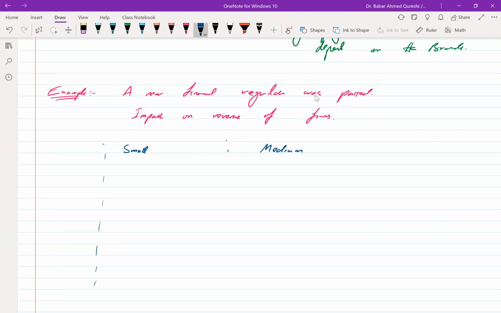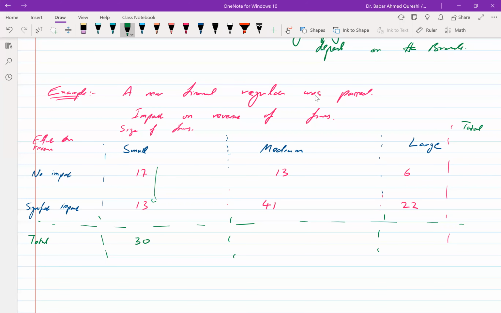So again, you can make these total numbers. How many small firms were in the data? I just sum along this. There were 30. How many medium firms were there? 54. And 28 large firms.